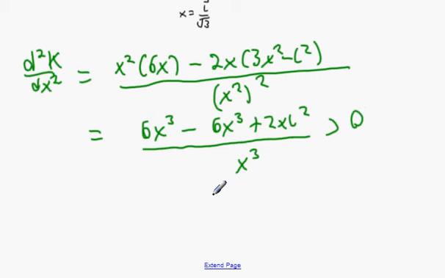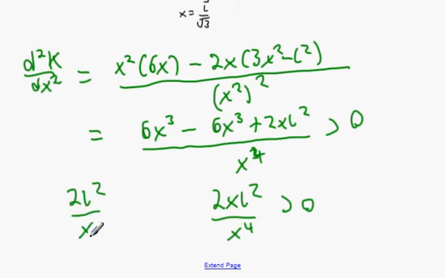And what we're going to get here is, oh sorry, x to the 4, 2xL squared divided by x to the 4 greater than 0, and that's going to give me 2L squared over x cubed greater than 0.